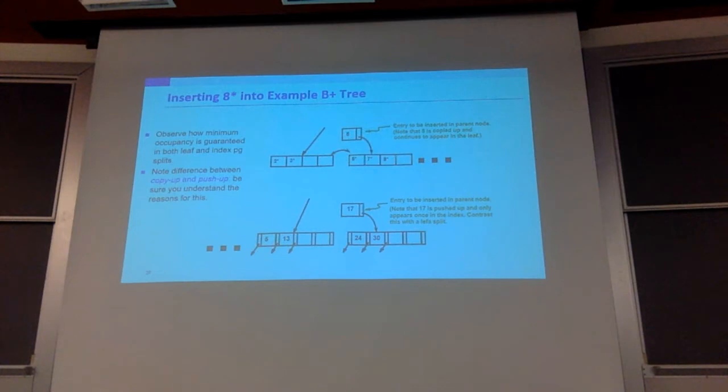So suppose you have a page that looks like this. You have a bunch of 17 here. This is the data page. Okay. You also have a bunch of 17 here. 17, 17. So you have a 16 here, something else.